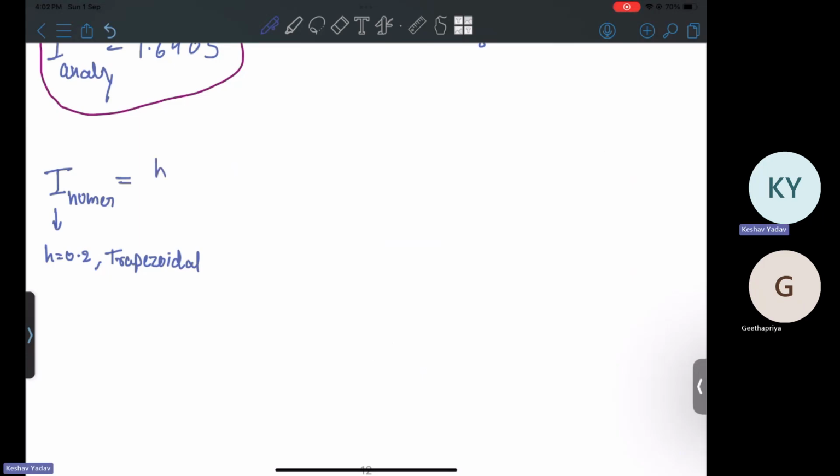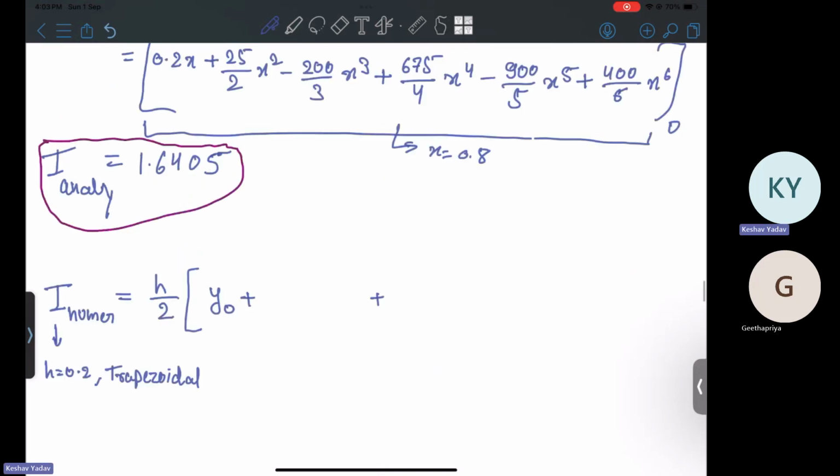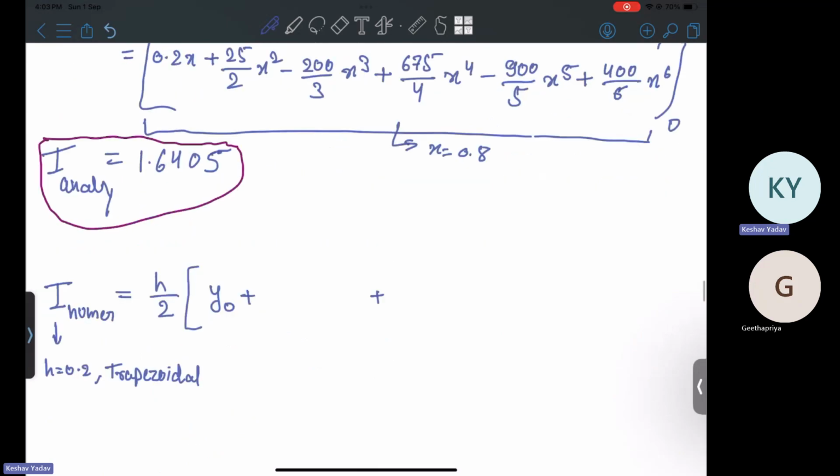This will be equal to h by 2, first y0 plus the last one, y4, and the other terms will be multiplied by 2, so y1.